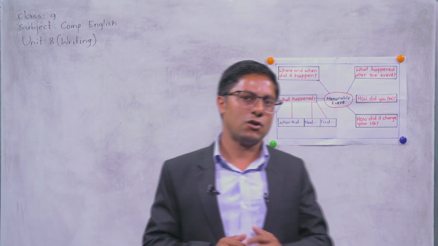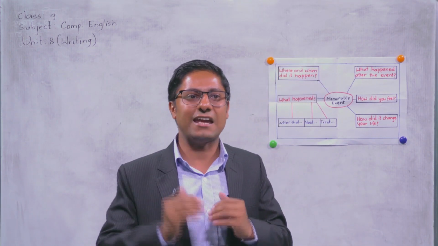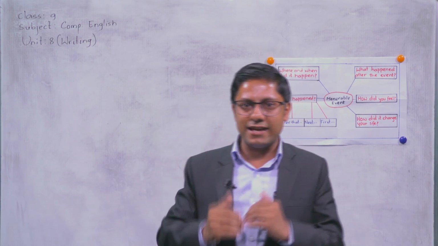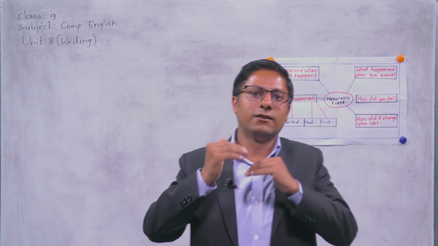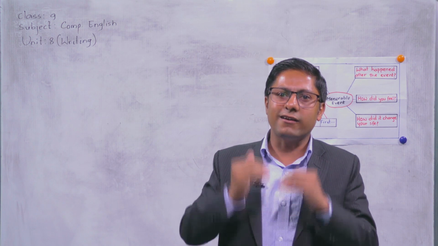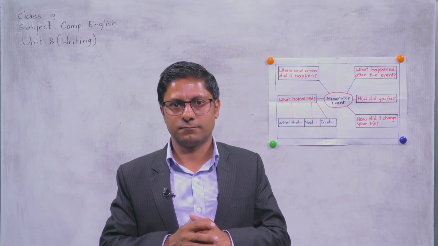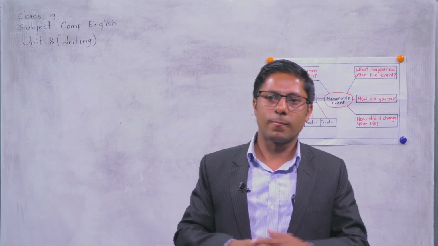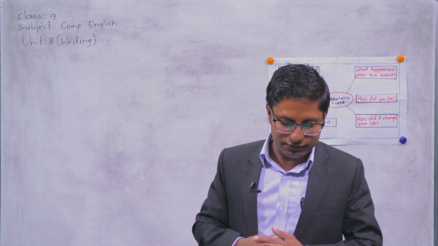When we say chronological order, it's related to time, which happened earlier, which happened next, and after that, what happened. So it's the order of the events. You have to keep the events in order according to the time they took place. I think you got it. Now, you keep those points into a paragraph.